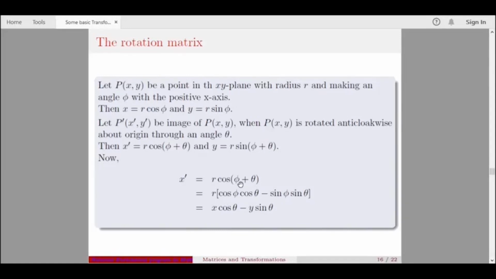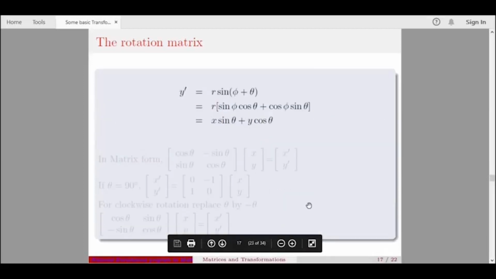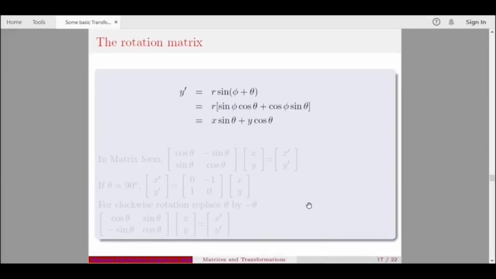Now x' is equal to r cos(phi + theta). This is cos(a + b), which is cos a cos b minus sin a sin b. And r cos phi is nothing but x. If you make this substitution, you will get x cos theta minus, again r sin phi is y, so x cos theta minus y sin theta. Similarly, y' is r sin(phi + theta); expand sin(a + b), which is sin a cos b plus cos a sin b.